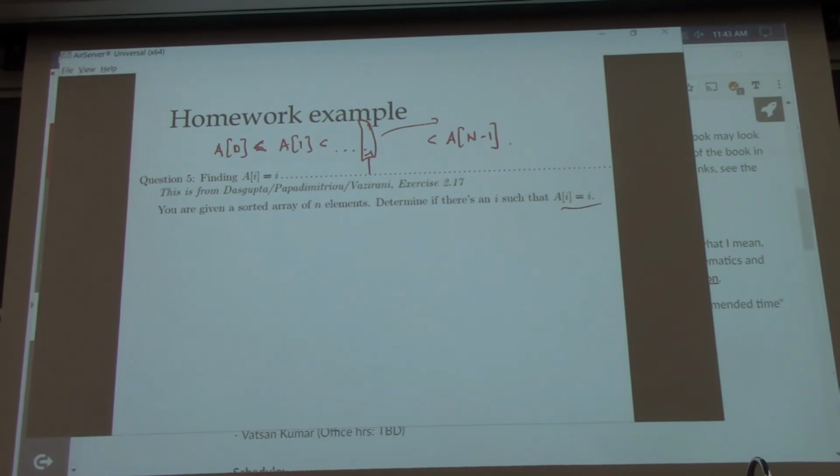And here there are two things that are very important that you should notice. If you don't see it immediately, just go back and think about it. What we should notice is that it's very important to have integers, and to have integer A of i, and it's also important to have strictly increasing.